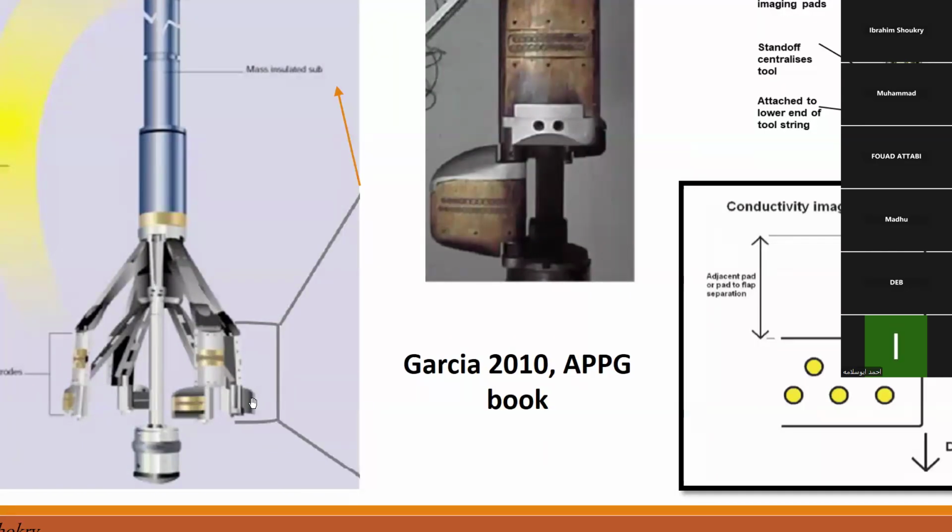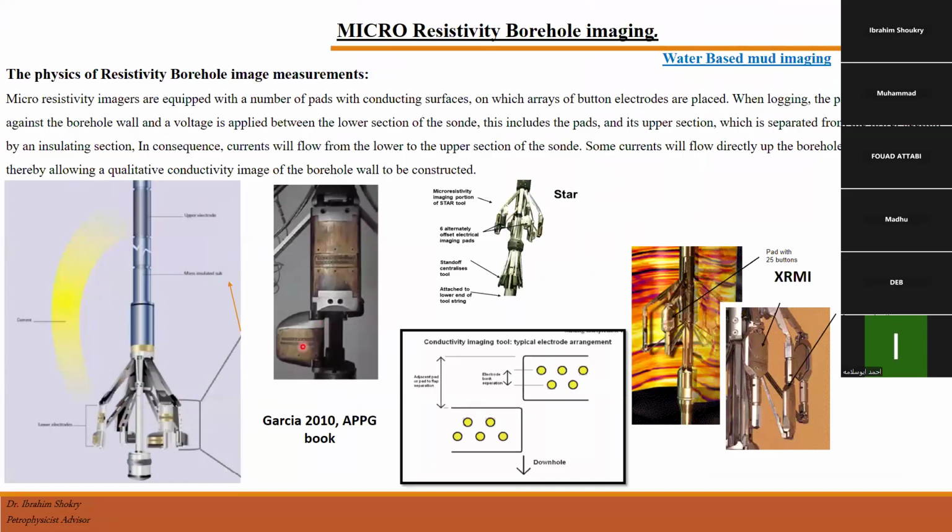By multiplying pad and flap by 4 arms, we have 8 displaying resistivity sections. So this is the criteria for the imaging tool which comes from the FMI, and this is the criteria for the imaging tool which comes from the XRMI, such as in Halliburton.